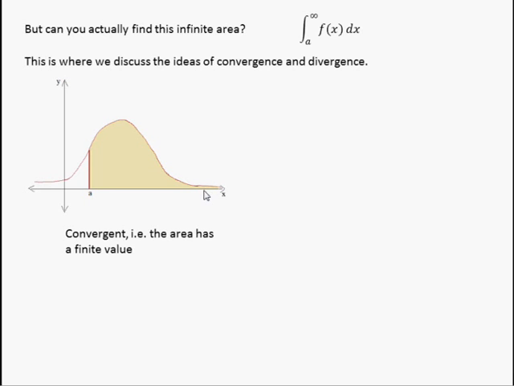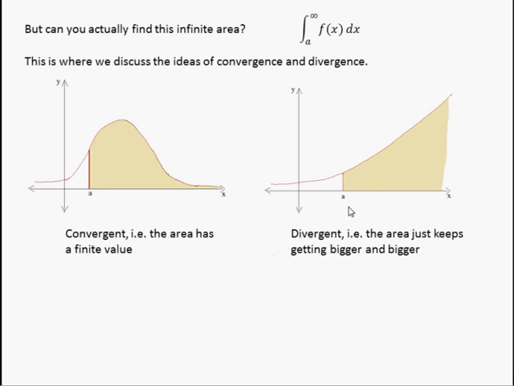So really, you keep adding such a fine infinitesimal amount that it really doesn't make any difference. So it converges on a finite number. Divergent would be something like this, where the area just keeps getting bigger and bigger as x approaches infinity.